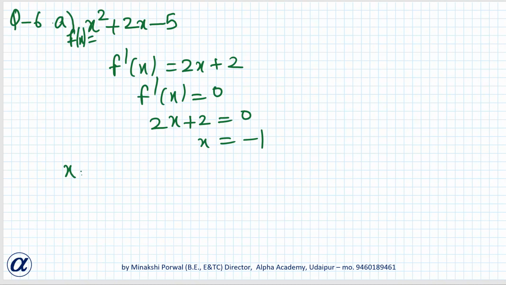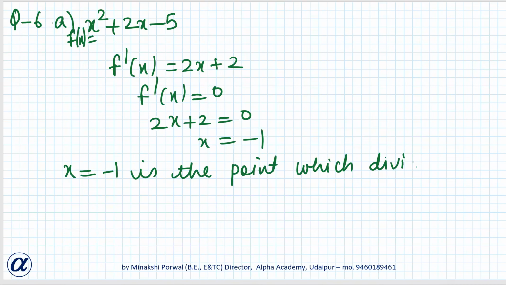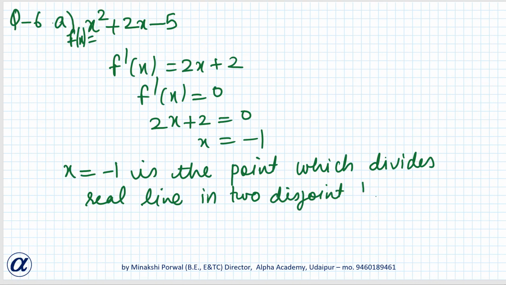So x = −1 is the point which divides the real line into disjoint intervals that are minus infinity to minus 1 and minus 1 to infinity.